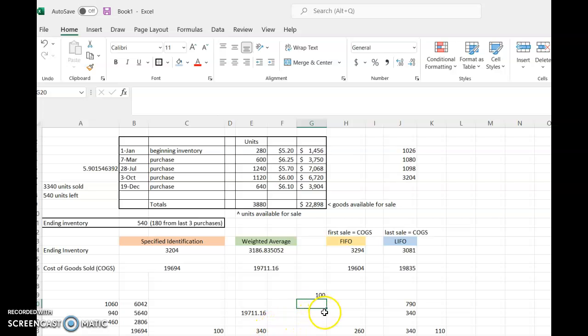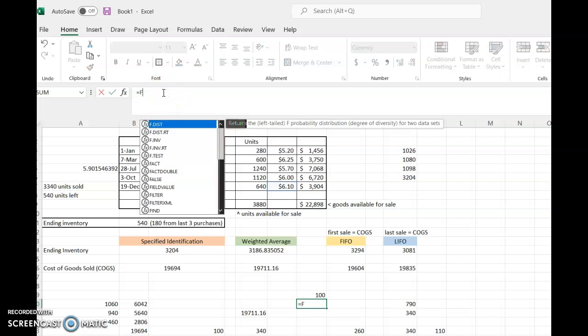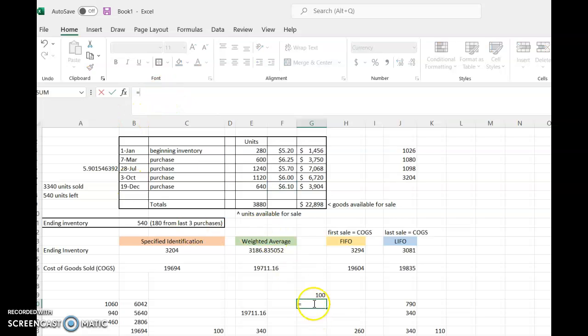And that gives us a number of 100 units remaining. And then we're going to multiply that number by this cost here, which is going to, whoops, I did not do that right. Multiply this times 6.1. There we go.